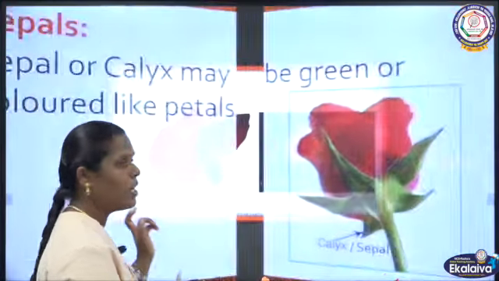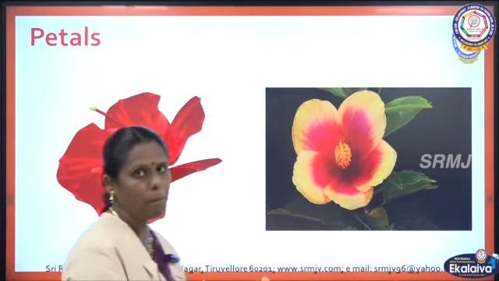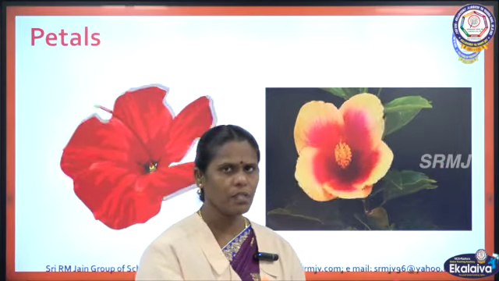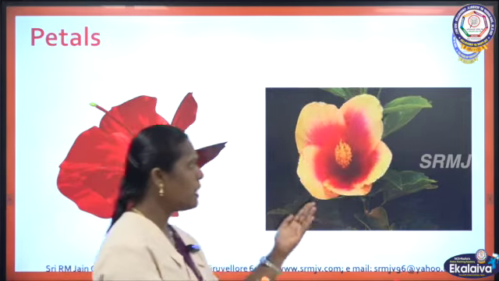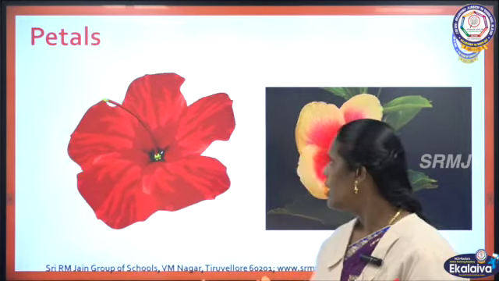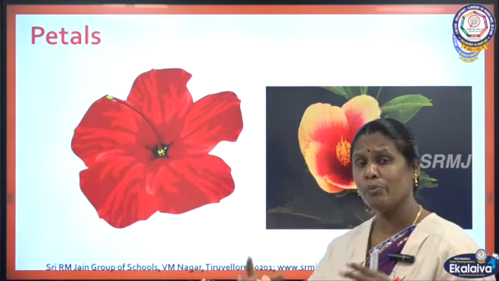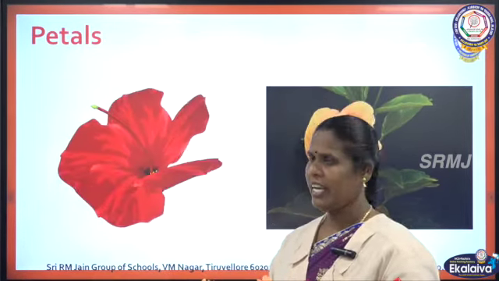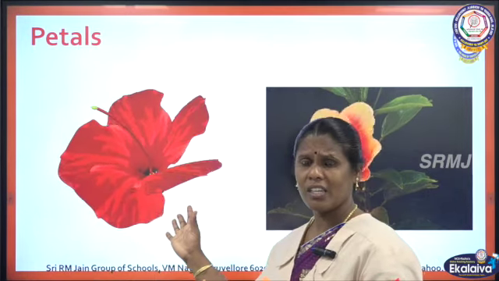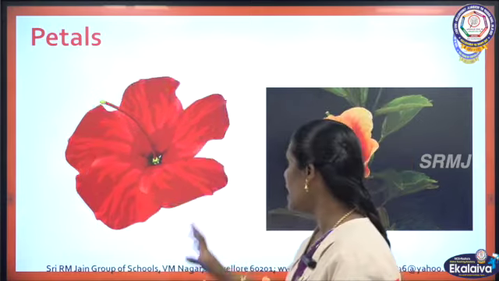The next one is petals. You see the petals. Some flowers have 5 petals, some flowers have more petals, some flowers have 3 petals. So it differs from flower to flower, right? Now we are discussing the hibiscus plant petals.